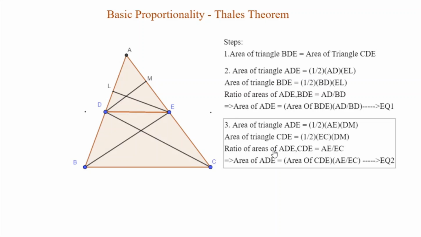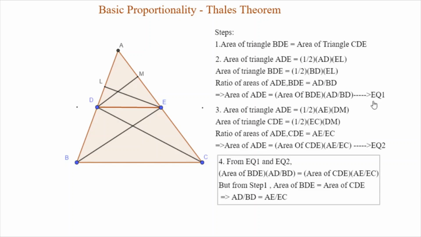So if you consider the ratio of these two triangles ADE and CDE, it would be AE by EC, because 1 by 2 cancels out and DM also cancels out. So that implies area of triangle ADE is equal to area of triangle CDE multiplied by AE divided by EC. Let us take this one as equation 2.